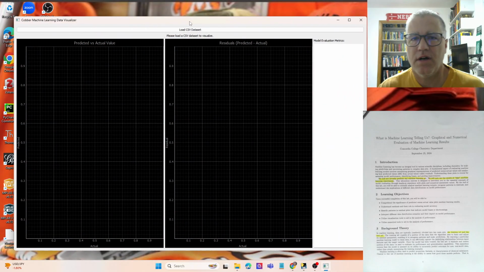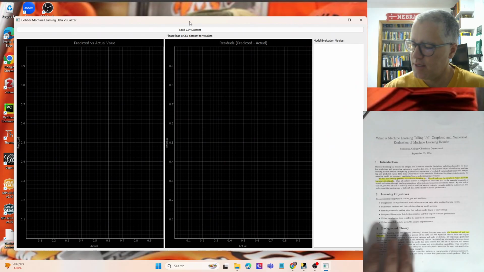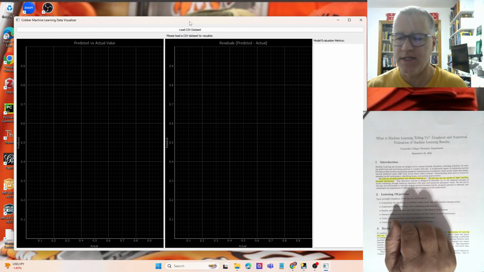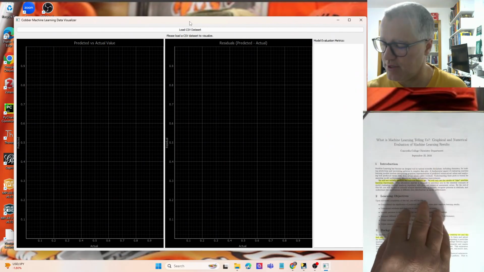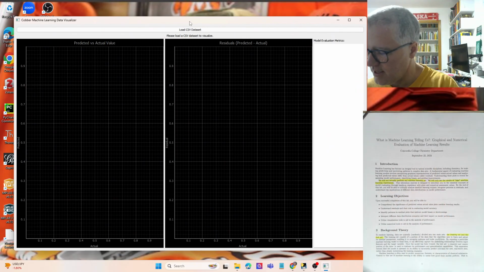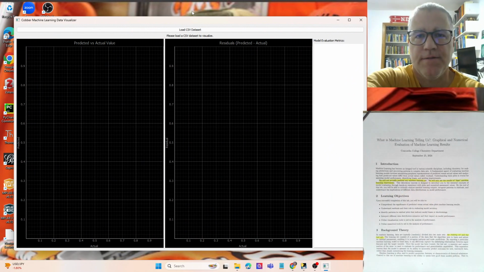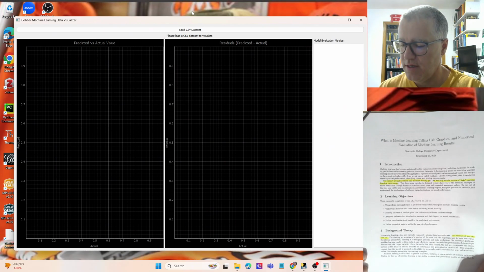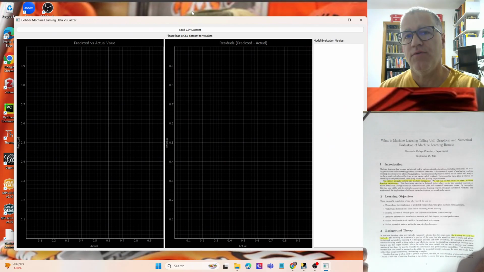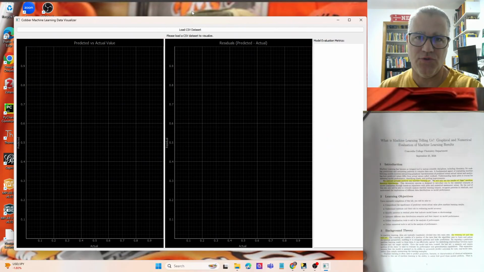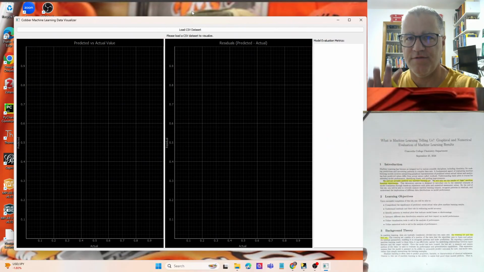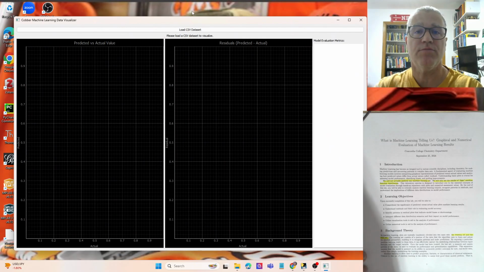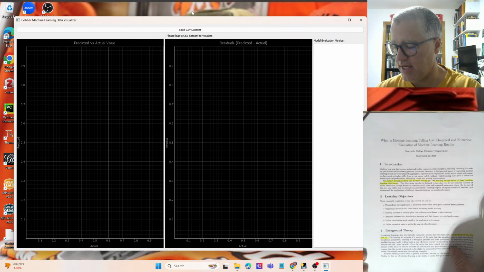So up pops our program, and before we get into it, let's go through the lab here. And again, we'll not be performing any actual machine learning. I've just made up some fake results of machine learning. Now, when we go on to the other experiments, we'll also be using fake results through this whole mini course of four labs, but they will all be doing real machine learning on those fake data.